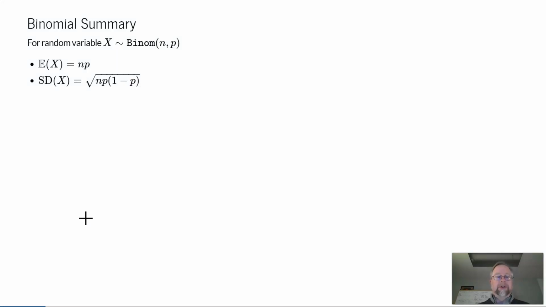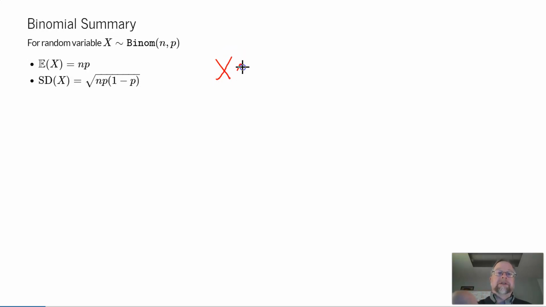I'll remind you that if X is a binomial n comma p distribution, then it has an expected value of n times p and a standard deviation of the square root of n times p times 1 minus p. So the expected value is a measure of center.